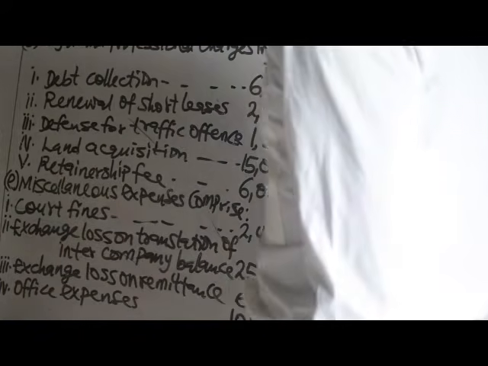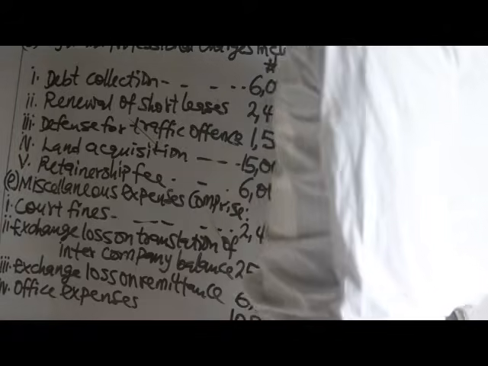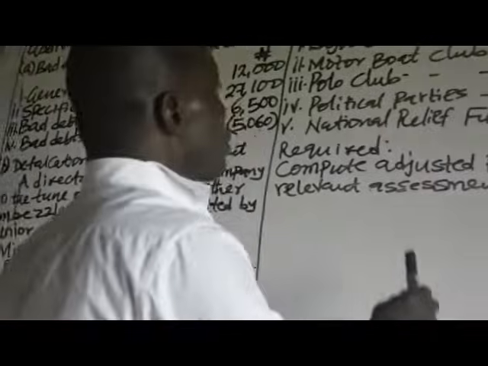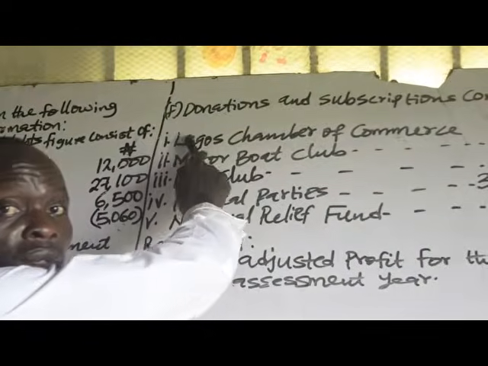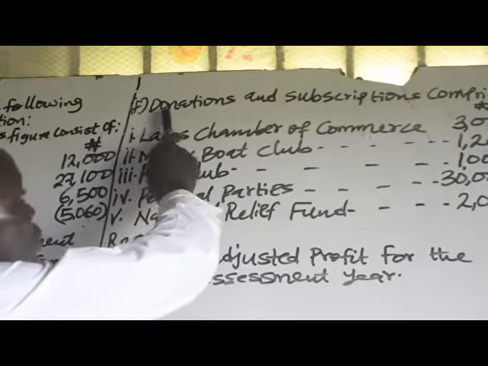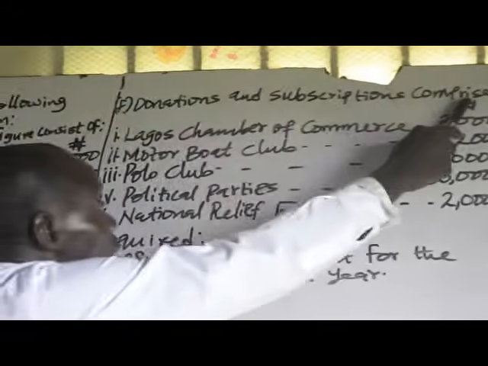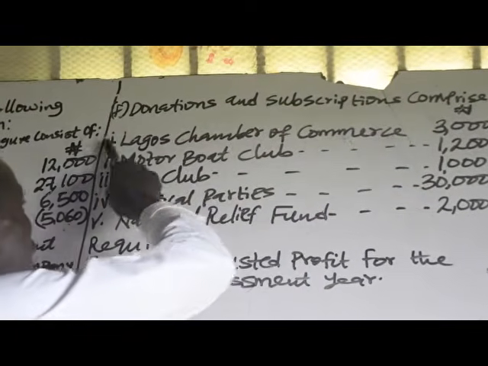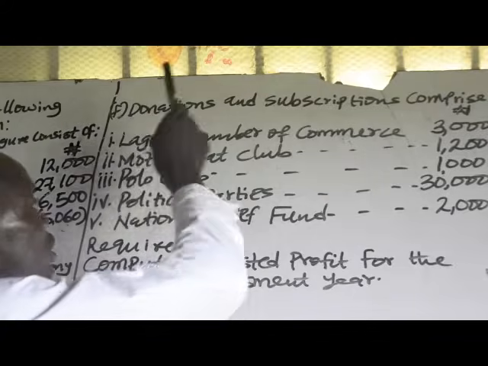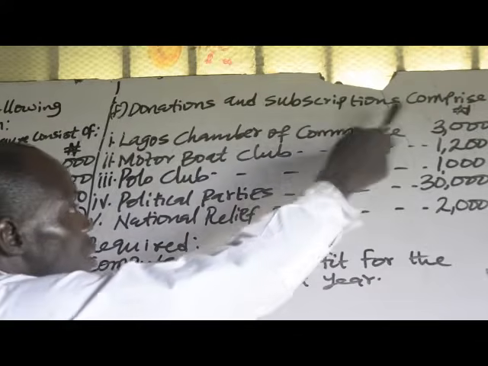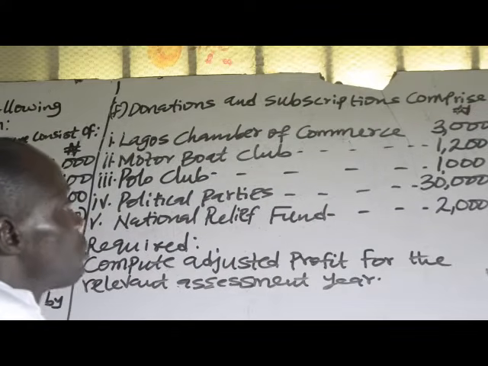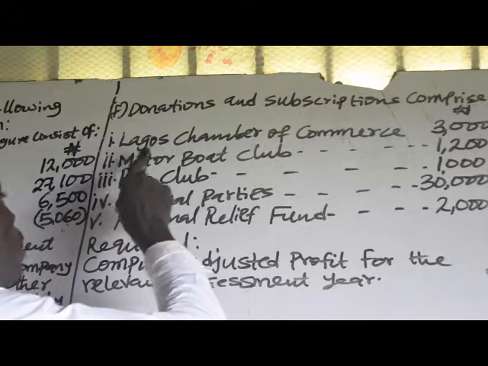Office expenses 10,800 naira. F. Donation and subscription comprise 1. Lagos Chamber of Commerce 3,000 naira. 2.